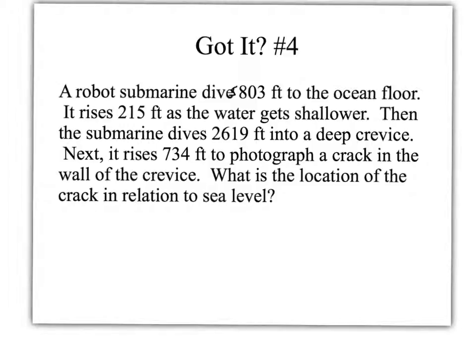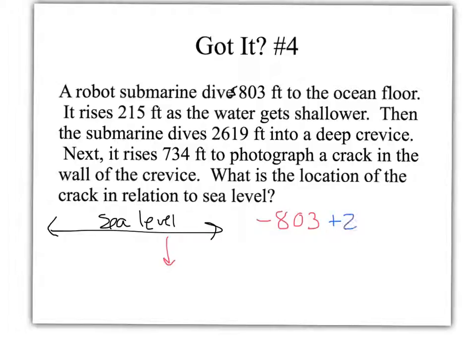Got it, number 4. A robot submarine dives, so let's do the same thing. Here's sea level. Okay, he's going to dive 803. So that's going to be a negative 803. It rises, and this is a submarine, so it's going up and down itself. It rises 215 as the water gets shallow.